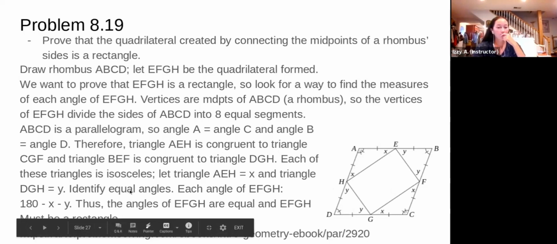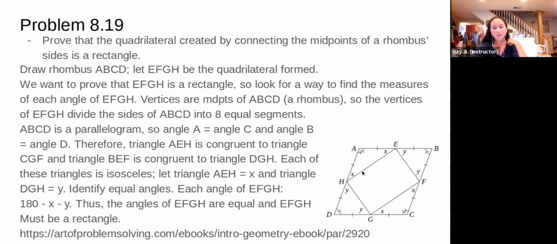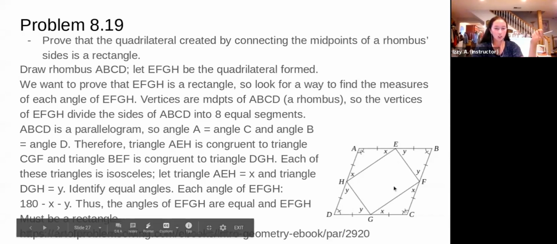But to continue where we left off, each angle of EFGH is going to be 180 minus X minus Y, because we know that these are straight lines, so they would form 180 degrees. Thus, the angles of EFGH are equal, so EFGH must be a rectangle.